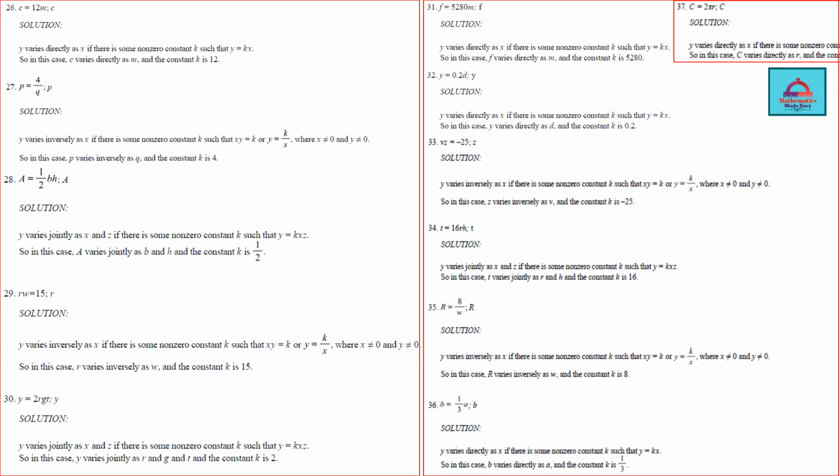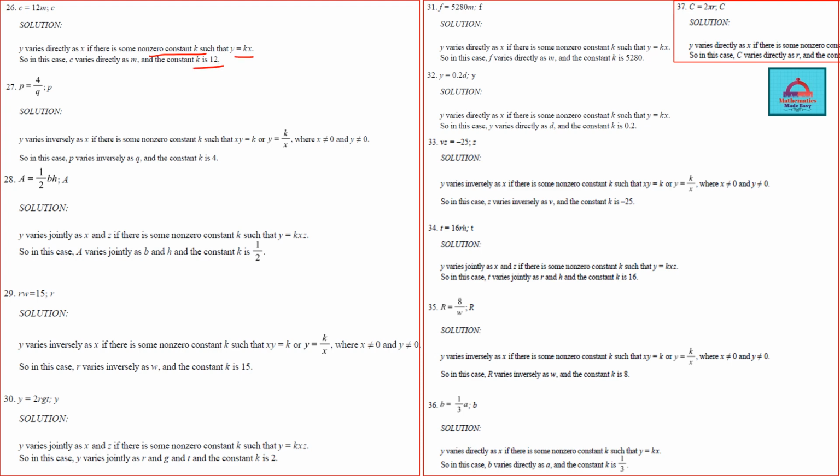These are the questions, starting with question 26. C is equal to 12m, where for the variable C you have to check whether it is direct, inverse, joint or combined. Here y varies directly as x. One variable is C, the other variable is m. C is given to be 12 times m, therefore there is a non-zero constant k, and the value of k is definitely 12.